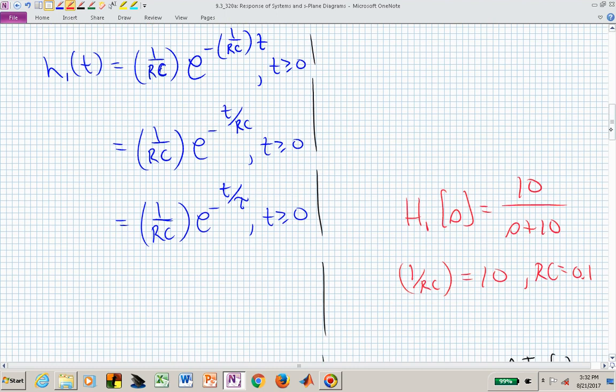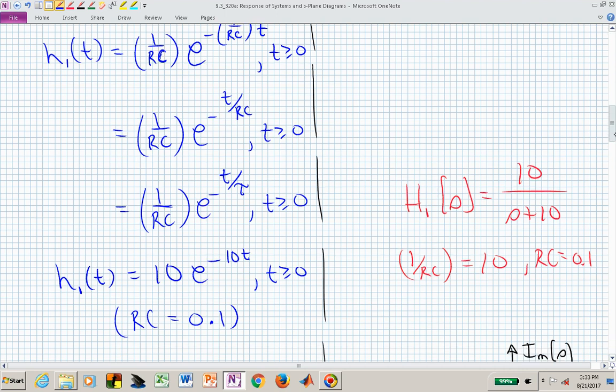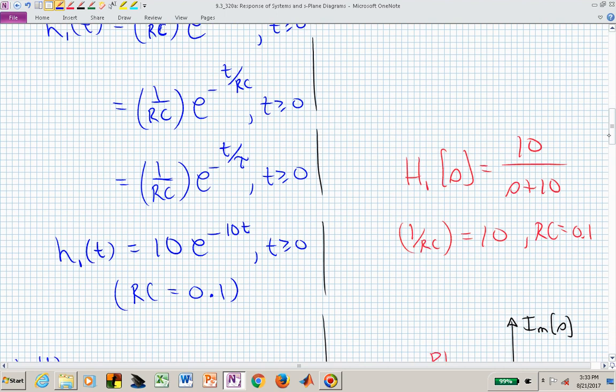Taking that into the time domain, we see that if 1 over RC is 10, we have 10 e to the minus 10t, t greater than or equal to 0, and that was when RC was 1/10. This is now what we have for time domain and frequency domain.